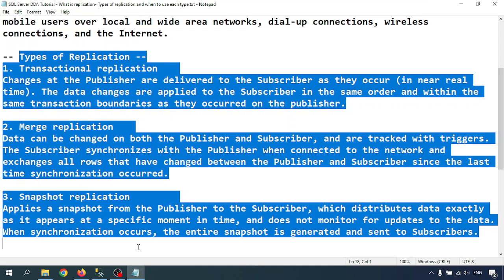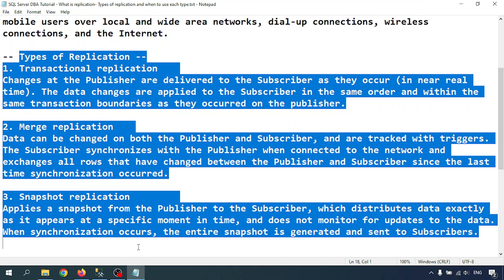That's when you configure transaction replication, because as the name suggests, as soon as the transaction is committed, it goes to the subscriber. There are other details about how that happens behind the scenes, which I cover in the remaining videos about replication. For now I just wanted to give you the types.